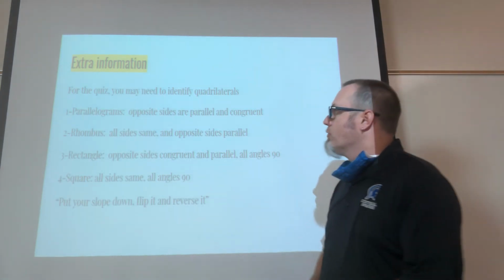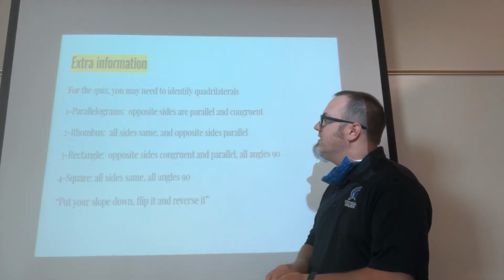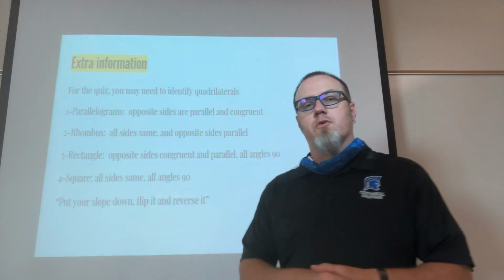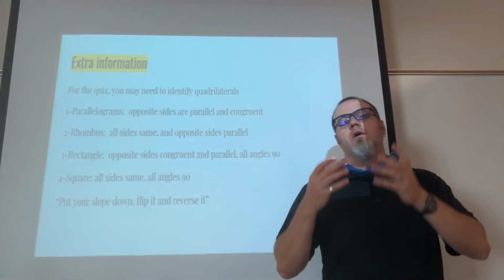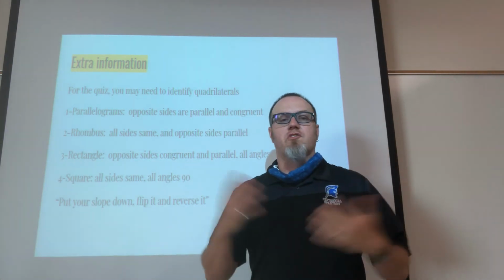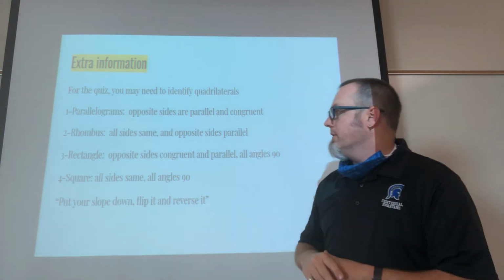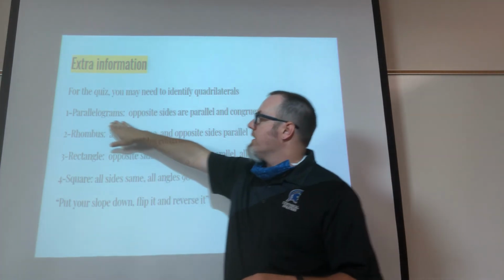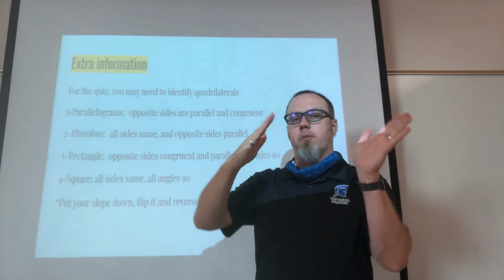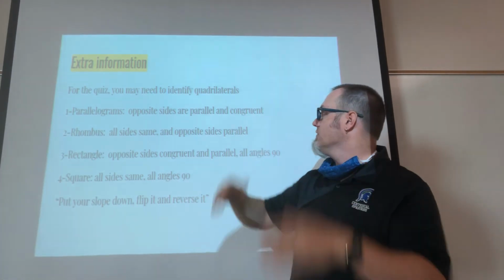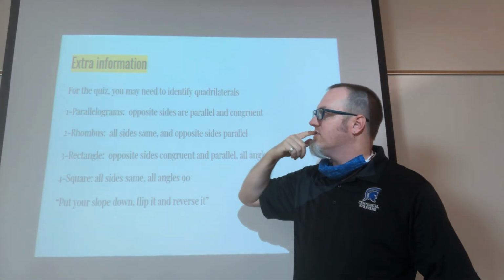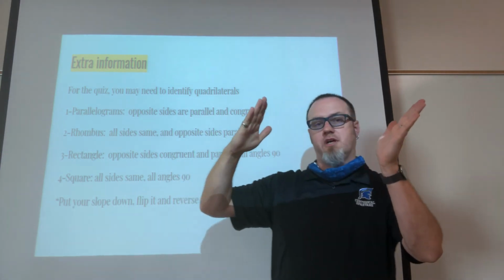Extra information for the quiz, you may need to identify quadrilaterals. They did put some information about, by determining the distance and the slope here, what's going on. For the parallelograms, the opposite sides are parallel. You usually see these as tilted, and the opposite sides are congruent, but just the opposite sides.